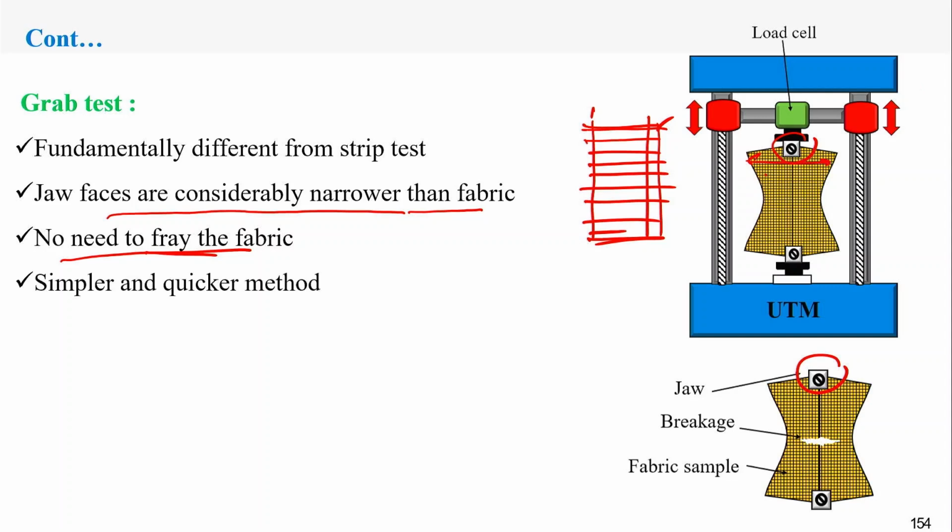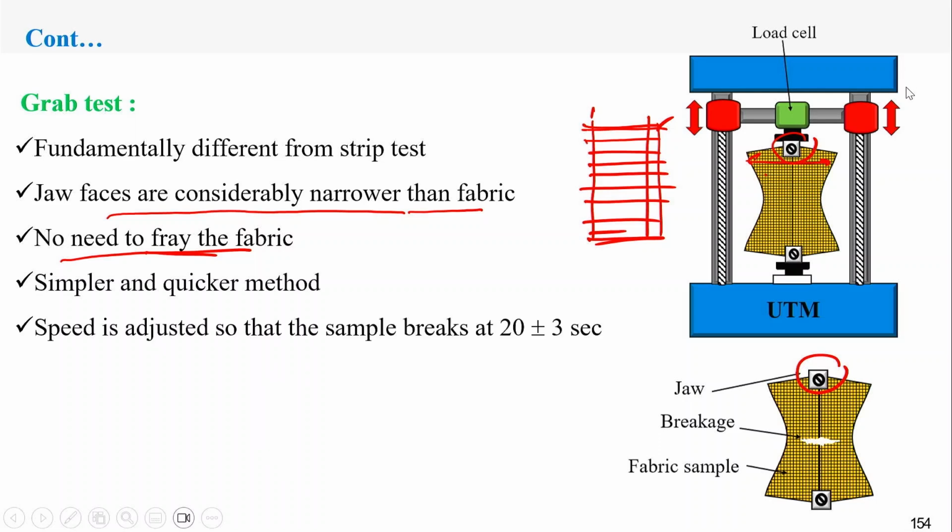To test in a quicker and simpler way, we simply cut the sample and the grip is done at the center. Here the speed is adjusted so that the sample breaks at 20 plus or minus 3 seconds. This is as per the BS standard, British standard. We have to adjust the speed in such a fashion that it breaks at 20 plus or minus 3 seconds.